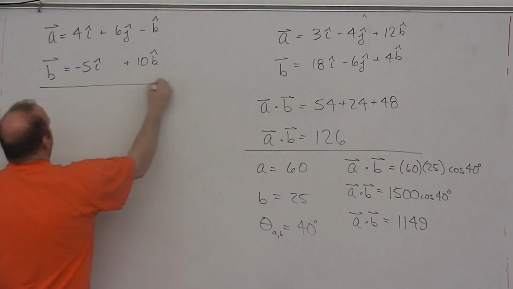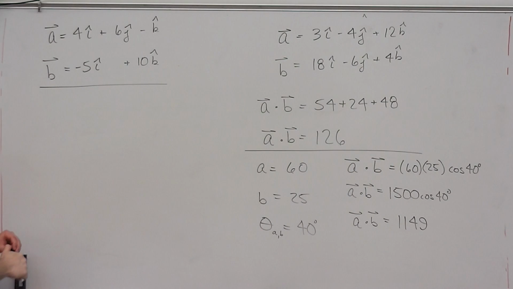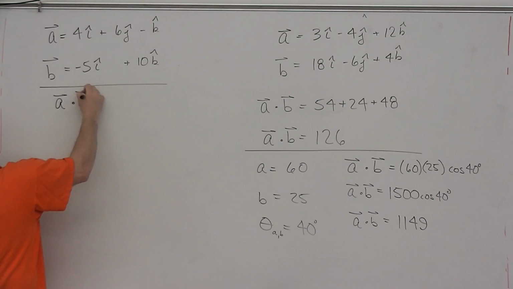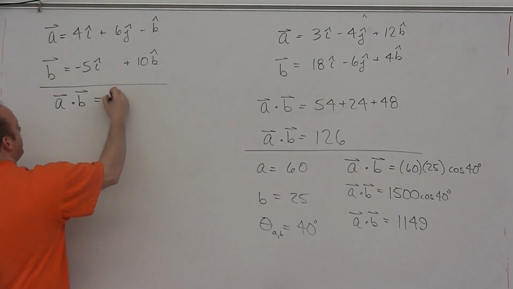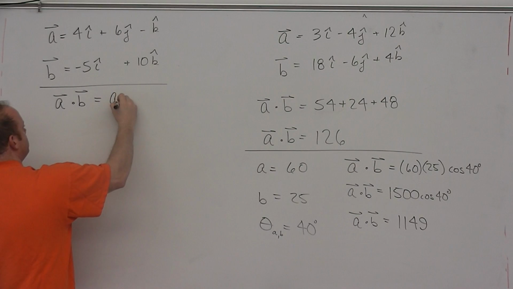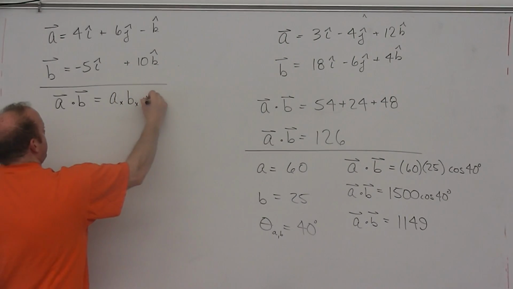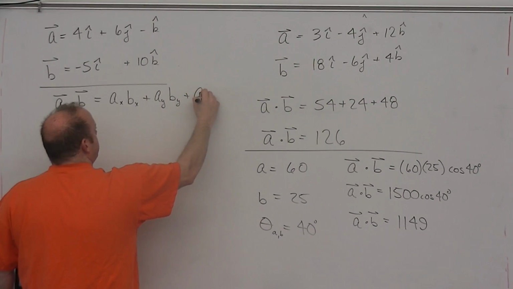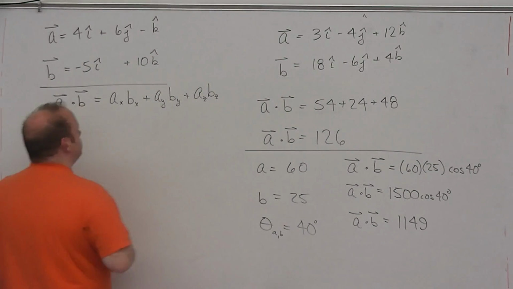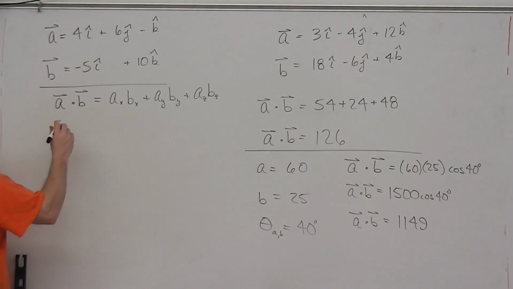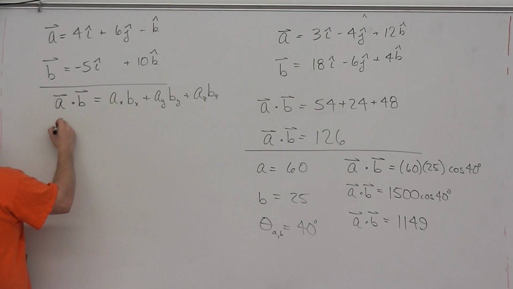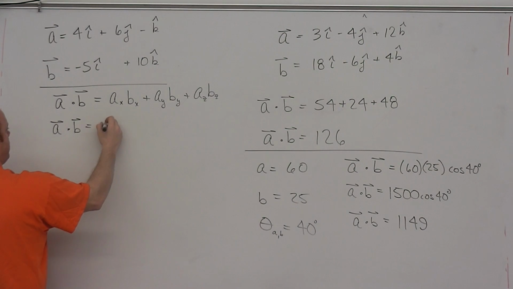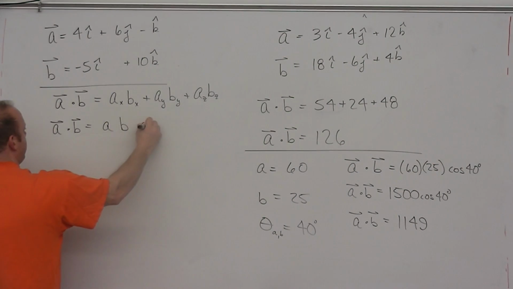What I know is that A dot B is equal to AX BX plus AY BY plus AZ BZ. I also know that A dot B is equal to A, B, cosine of theta.